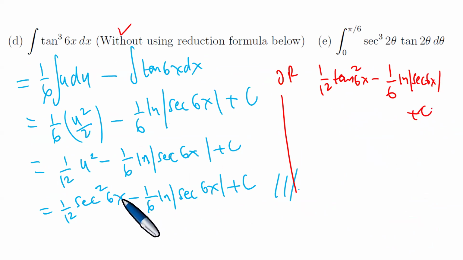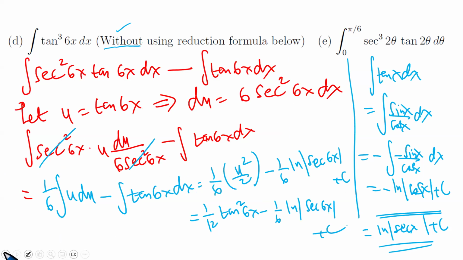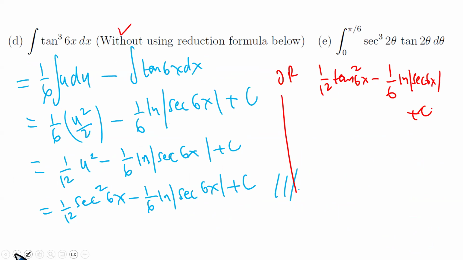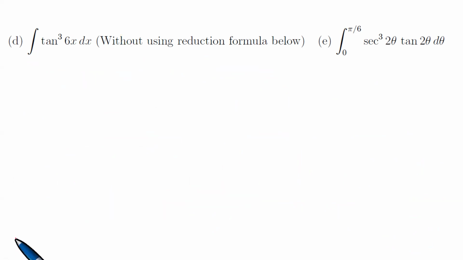Yes, in which case you can get this one or this. So both answers are correct. Although they look a little bit different from each other, they are correct. So there's something you need to take note of, and understand the differences in the answers.